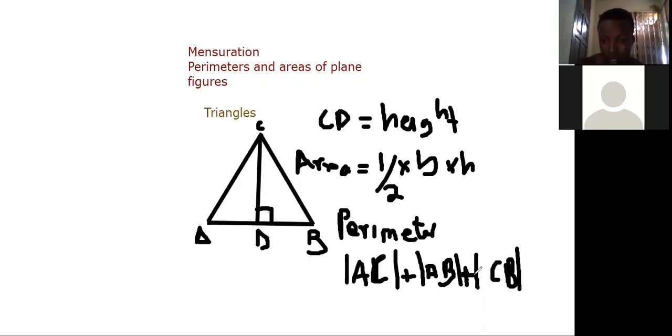That's the perimeter of a triangle. So the distance of this plus this plus this, and we would have covered the total distance.